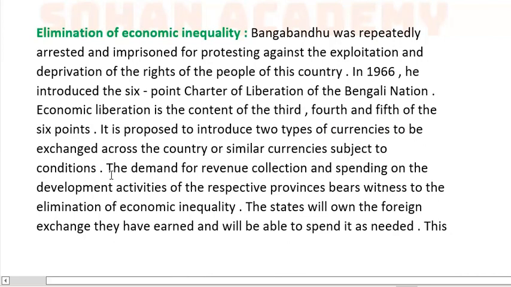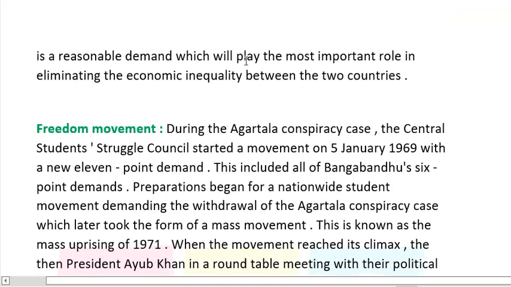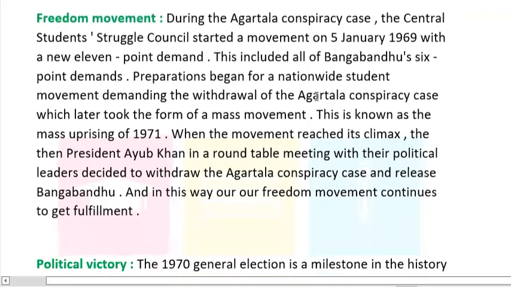The demand for revenue collection and spending on the development activities of the respective provinces bears witness to the elimination of economic inequality. The states will own the foreign exchange they have earned and will be able to spend it as needed. This is a reasonable demand which will play the most important role in eliminating the economic inequality between the two wings.